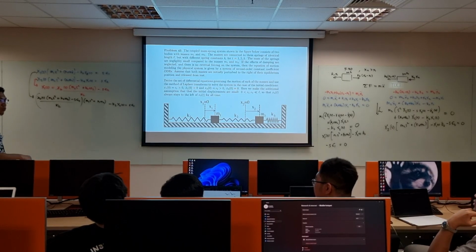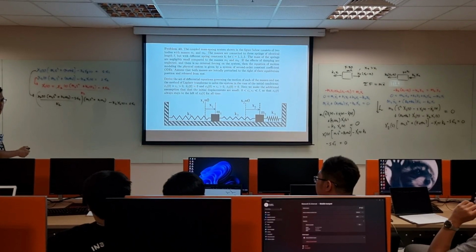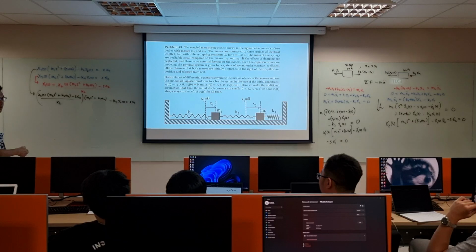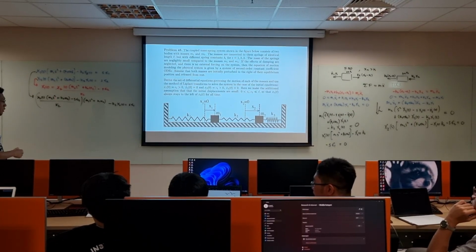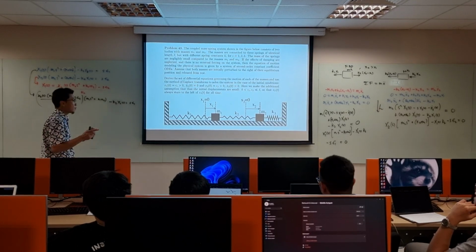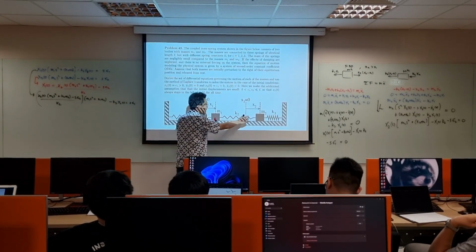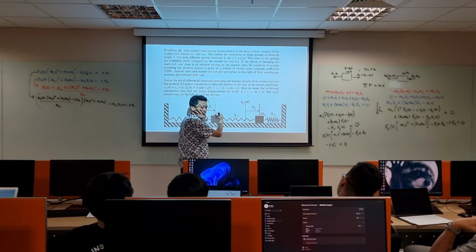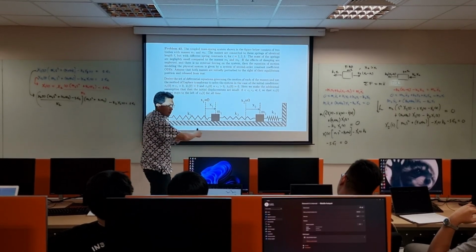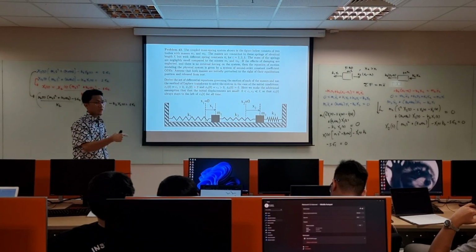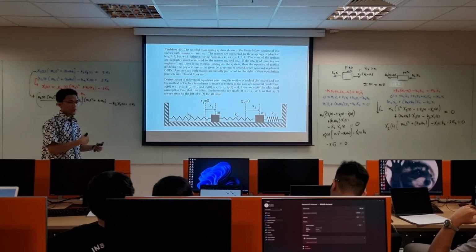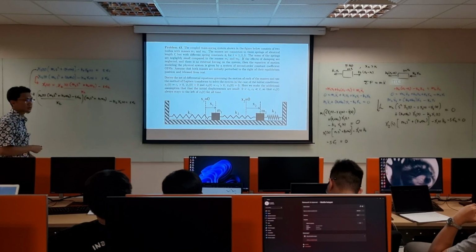So for sure, there will be sine and cosine term in your result. There is s square here. And we also know when you release it, and you give initial condition and you release it, it will oscillate. Oscillation means sine and cosine function. So you will get sine and cosine function in the result.